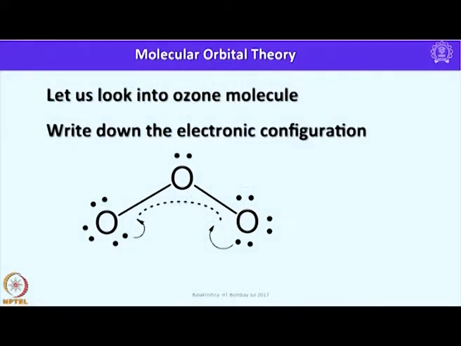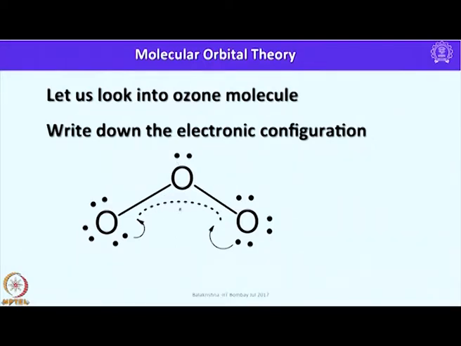Now let us look into the ozone molecule, and for the ozone molecule one can write down the electronic configuration I have shown there. You can see clearly here, 6 electrons are there, and it has 4 electrons and 6 electrons. That means the octet of the 2 terminal oxygen atoms is satisfied, whereas this one has only 6 electrons.